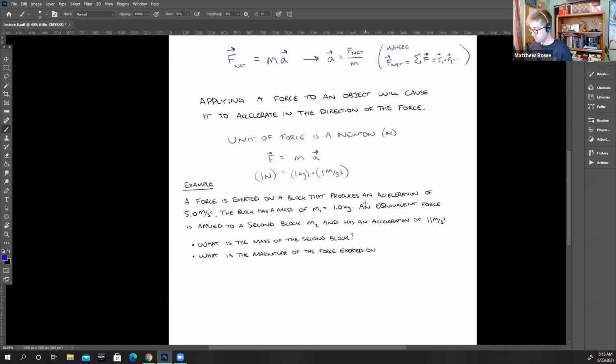An equivalent force is then applied to a second block. We're going to call it mass 2. This has an acceleration of 11 meters per second squared. So what is the mass of the second block? What is the magnitude of the force exerted on these two blocks? I guess I forgot to write that on the 2 blocks.